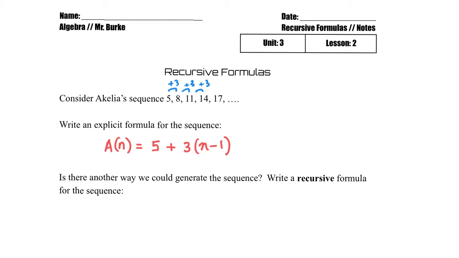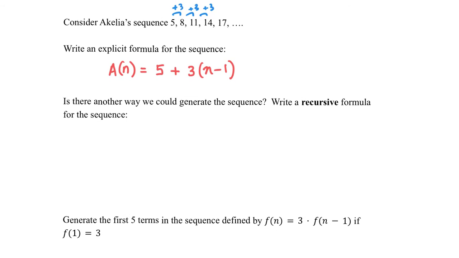The beauty of an explicit formula, just like you learned yesterday, is I could now ask you for, say, the 100th term, and all you would have to do is plug in 100 for n, and you would be able to tell me what the 100th term of this sequence is. Is there another way that we could generate this sequence?